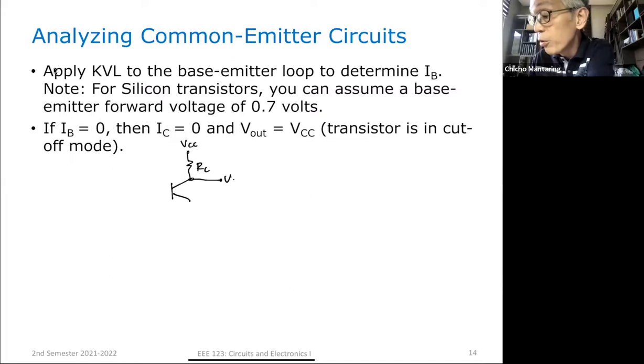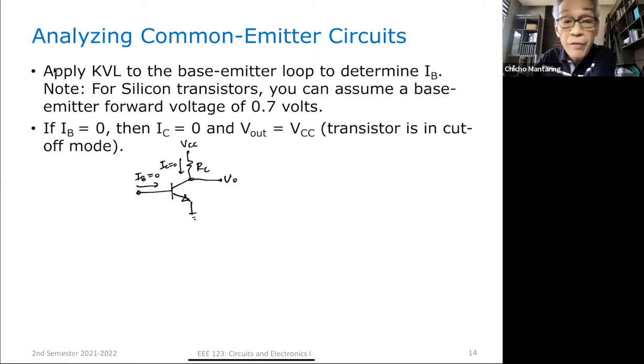This is V sub O. And I already determined that I sub B is equal to 0. If I sub B is equal to 0, I sub C will also be equal to 0. If I sub C is equal to 0, that means there is no voltage drop across this, and therefore V sub O is just VCC.